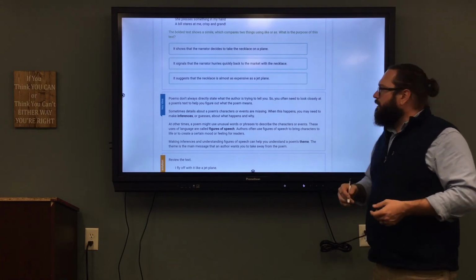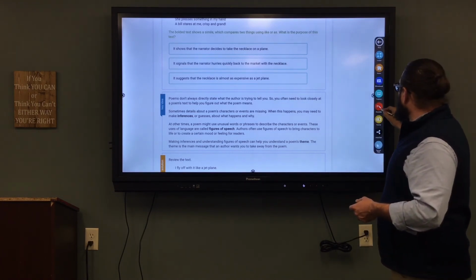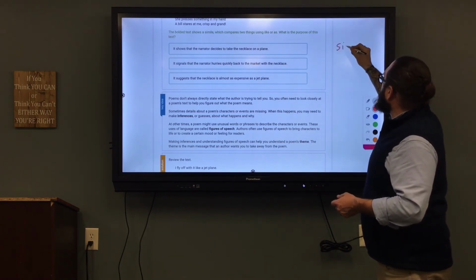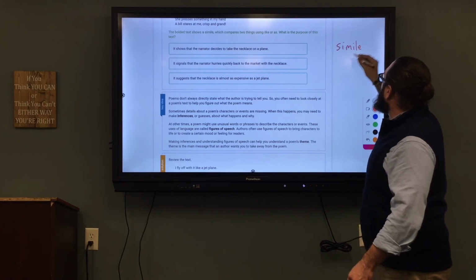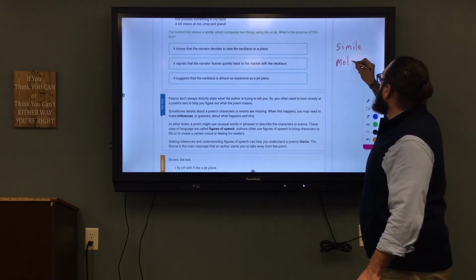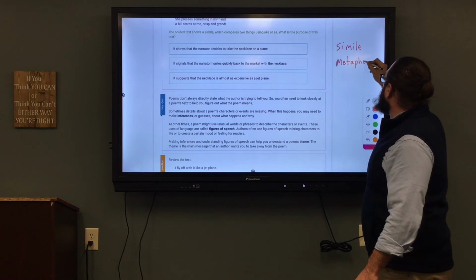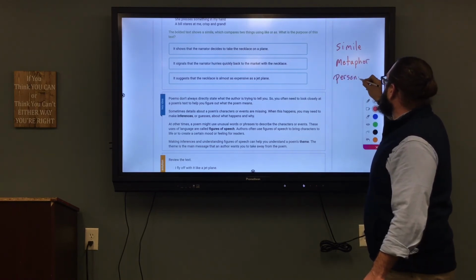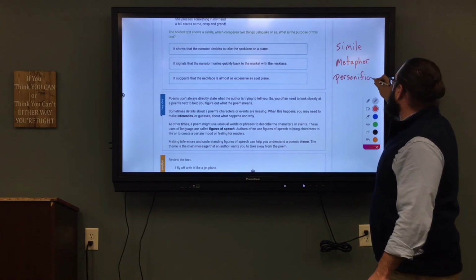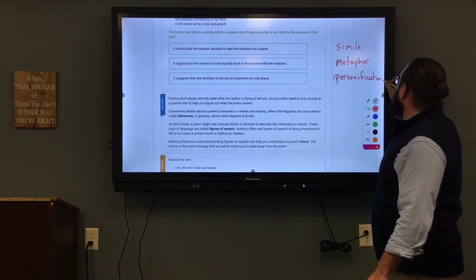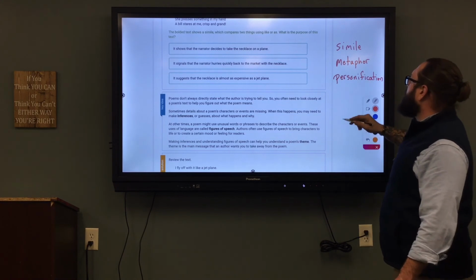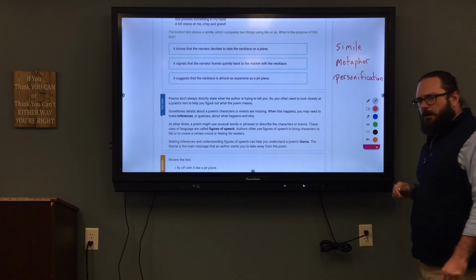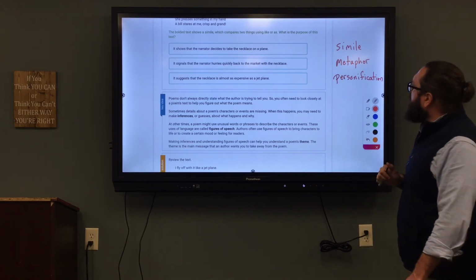Some examples of figures of speech would be things like simile, metaphor, personification, and those are three of the most common ones that you will encounter in a poem.